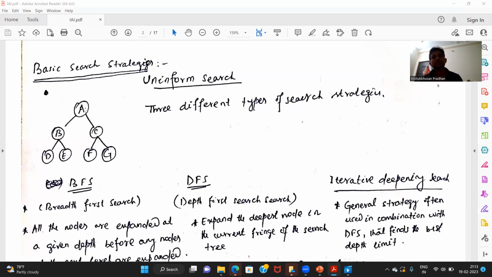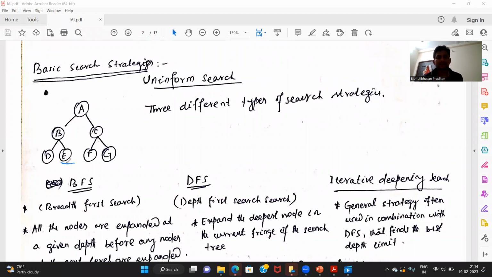In between, there are many intermediate stops. It is up to you how efficiently, in how optimized a way, you travel from the source node or initial state to the given goal node or final state. Suppose my final state is E. So how do I travel from A to E? This is what we are going to see.